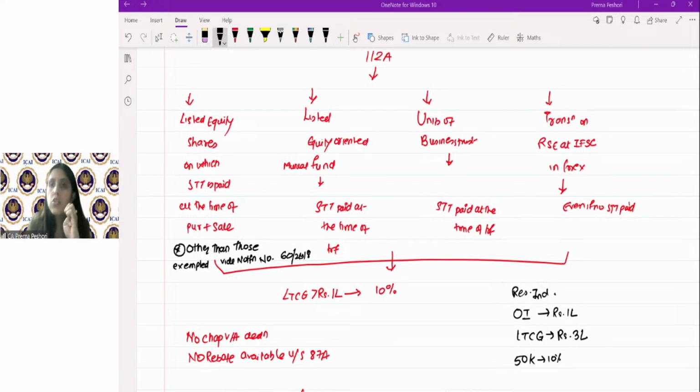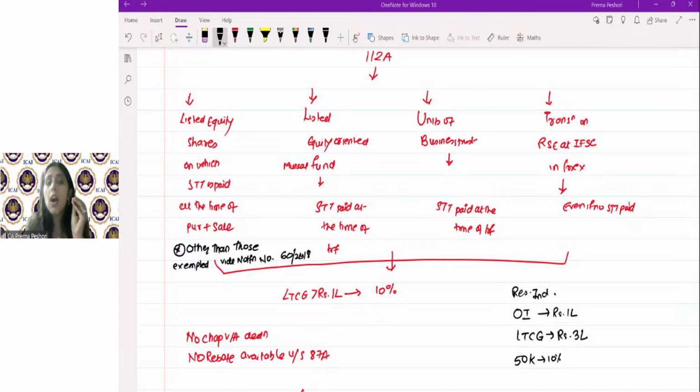Where the acquisition has been approved by the Company Law Tribunal, the Supreme Court, the High Court, SEBI or RBI, in that case security transaction tax would not have been applicable, and therefore that is a genuine transaction and will also be covered under 112A. One cannot say that since STT has not been paid it will not be covered by 112A. That will not be the case because it is specifically exempted.